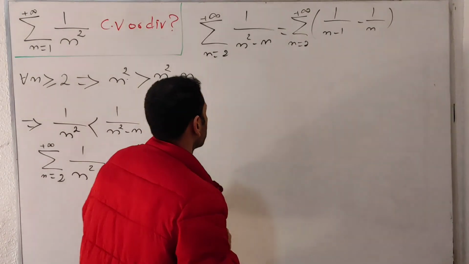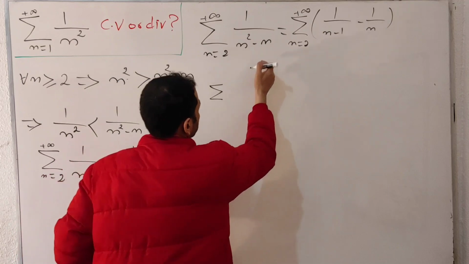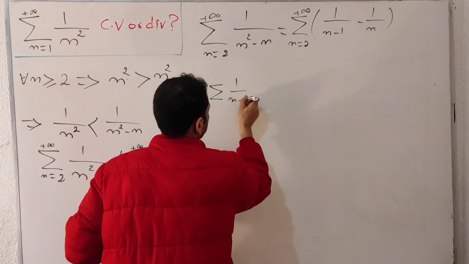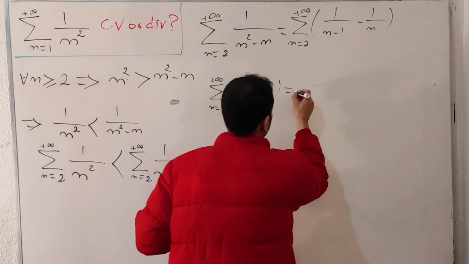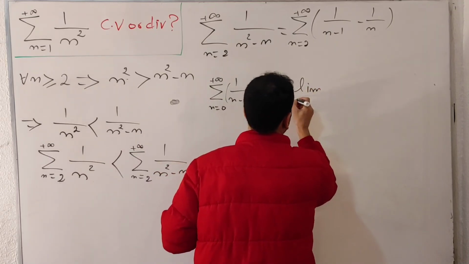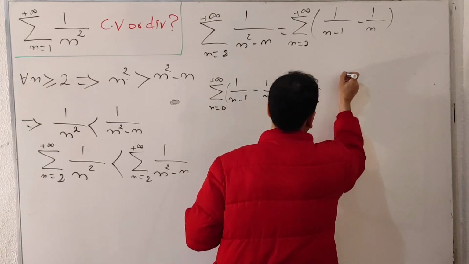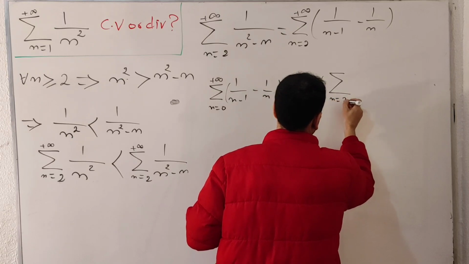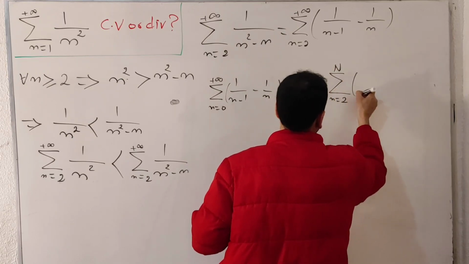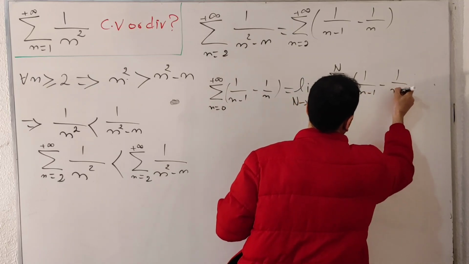This is the same as the limit as capital N goes to infinity of the sum as n goes from 2 to capital N of 1 over n minus 1 over n plus 1, like this.